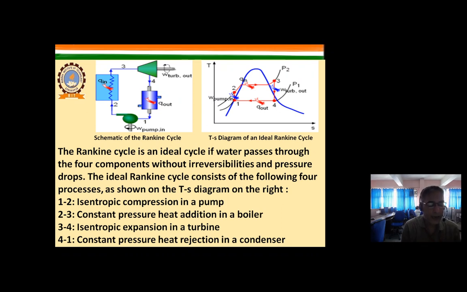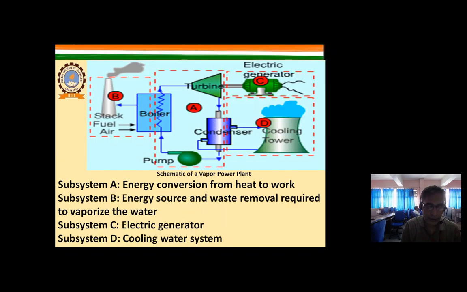The thermodynamic cycle in subsystem A is called the Rankine cycle. Subsystem A consists of a boiler, turbine, condenser, and a pump. Fuel burned in the boiler heats the water to generate superheated steam, that is subsystem B. This steam is used to run the turbine which powers the generator.